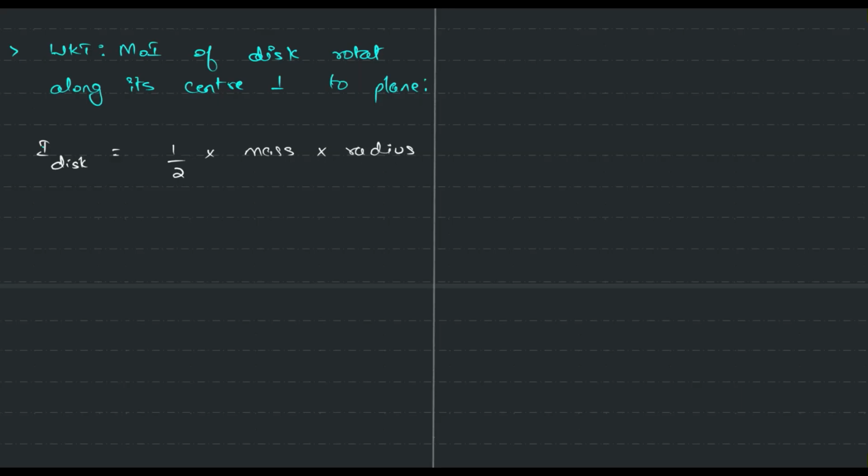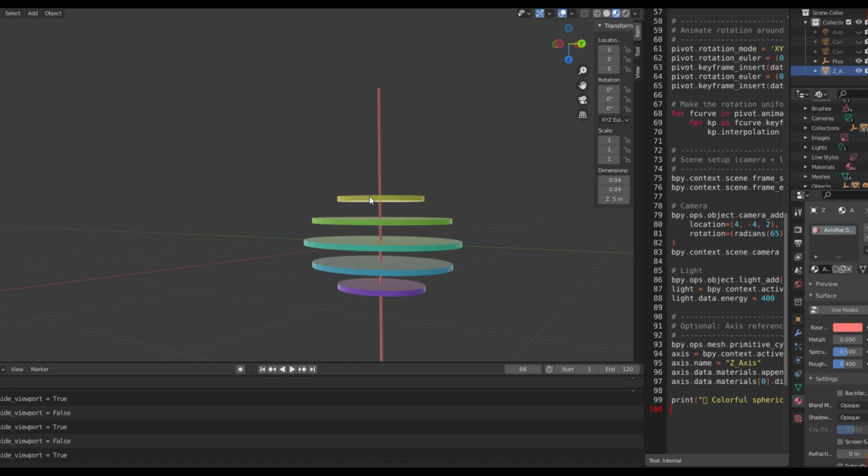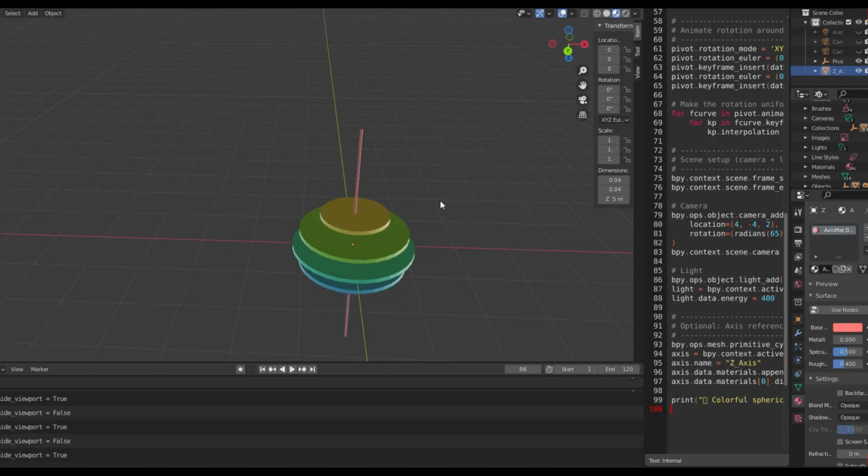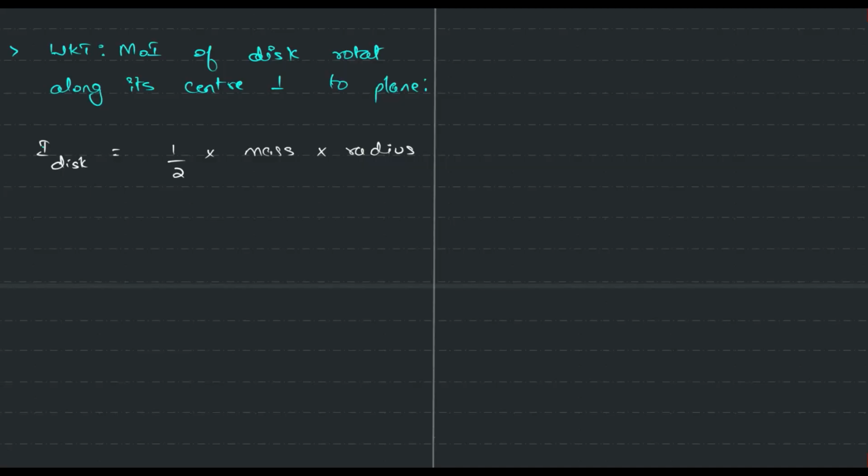Now, the mass of this disk and the radius is the tricky part. The radius clearly is not the same for all of them, but we need to make it a function of one single variable, and that variable has to be x. So let's see how to do that.